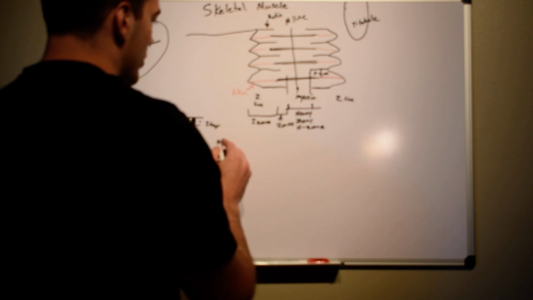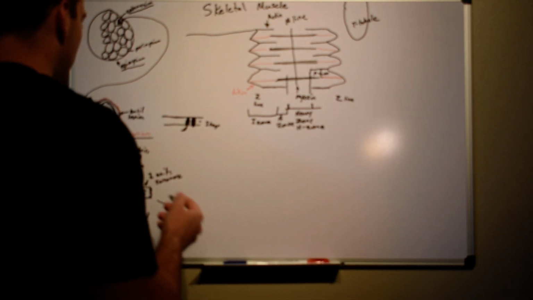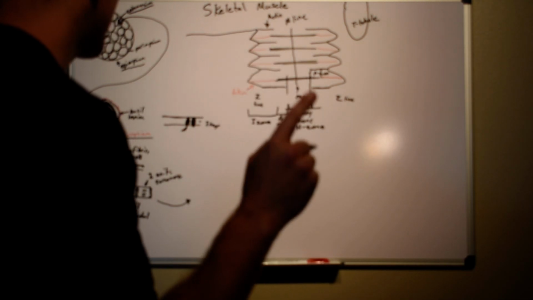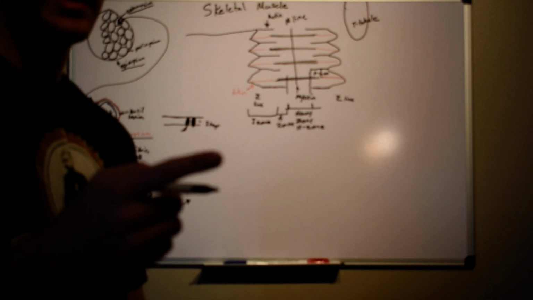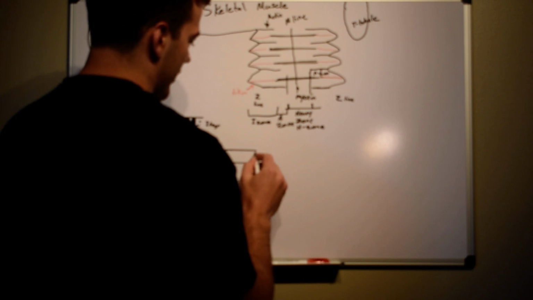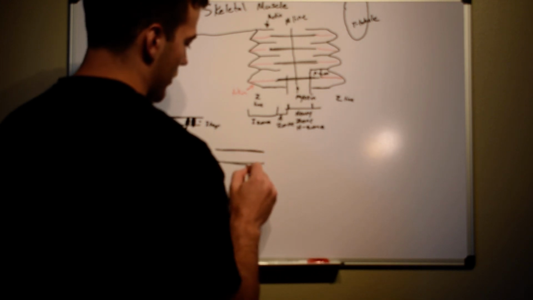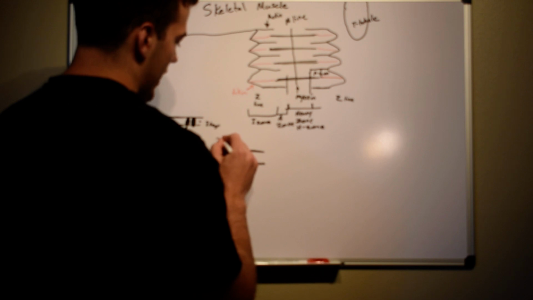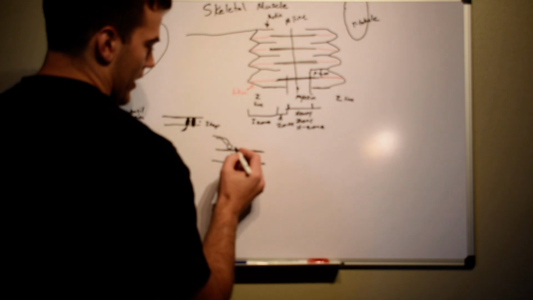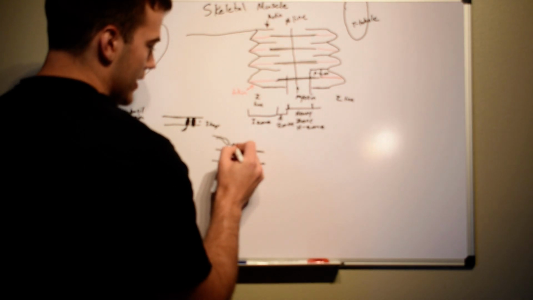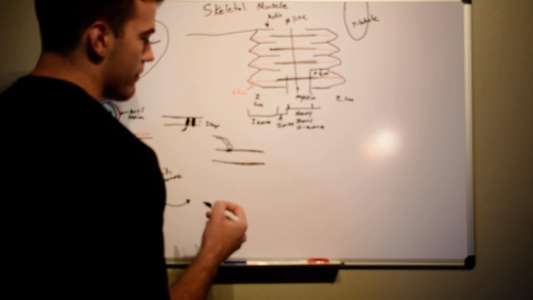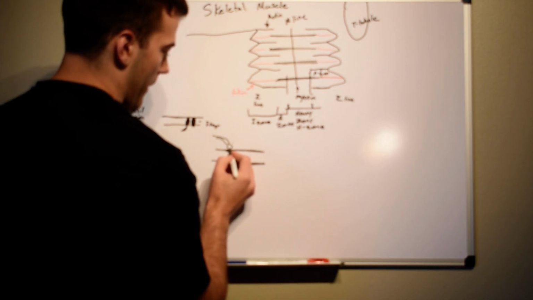We need to go back to the neuromuscular junction. So a neuromuscular junction is one motor neuron and the single muscle fiber it innervates, aka one muscle cell. Okay? So if we were to look at, let's say that this is a muscle fiber, so one muscle cell, and we had a nerve come in here, and that's my axon and synapse, we would see our motor end plate on the outside of the muscle fiber right here.